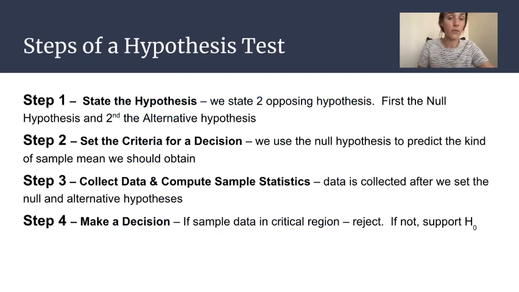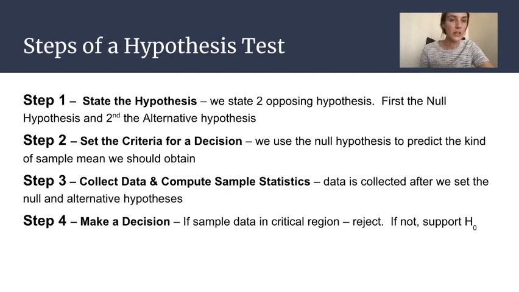Here we have them. So 4 steps, and 4 steps that are going to follow us for the remainder of the class, all right? A lot of what we're talking about here is going to persist through the rest of the class, because when we learn new statistics, we're going to want to set them up as a hypothesis test. So here are our 4 steps. We want to state our hypotheses, so you'll have to write out a null and alternative hypothesis for a given question.